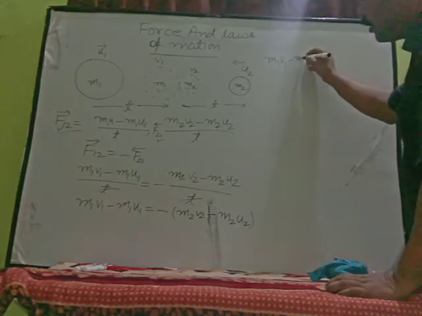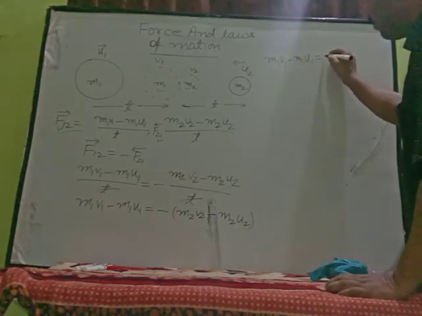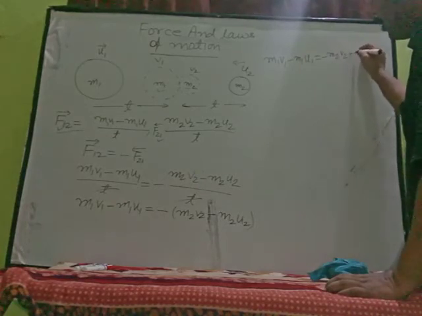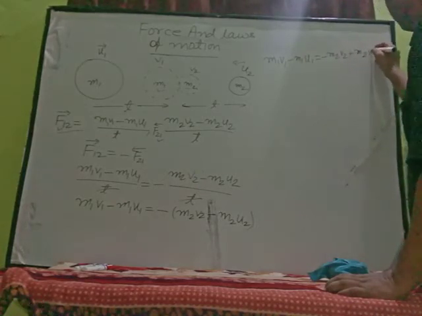M1 V1 minus M1 U1 equals minus M2 V2 plus M2 U2.